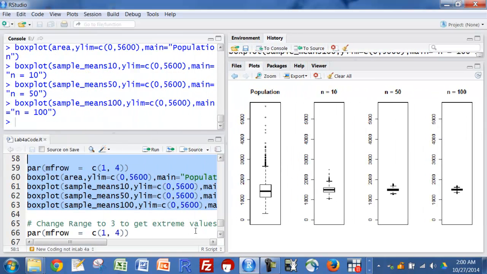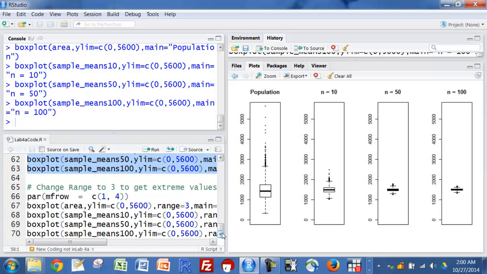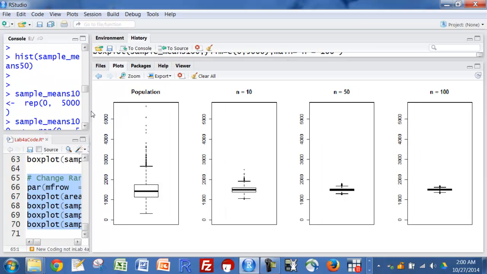And then if I change the range to 3 on all of these, now we're going 3 IQRs on either side. Spread this back out.